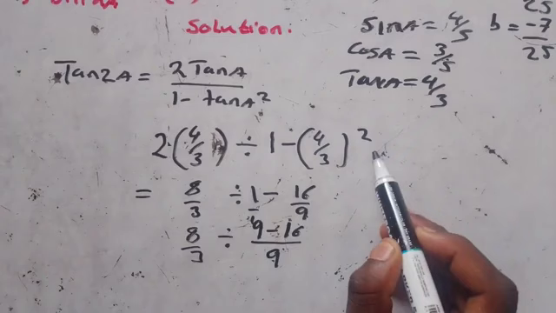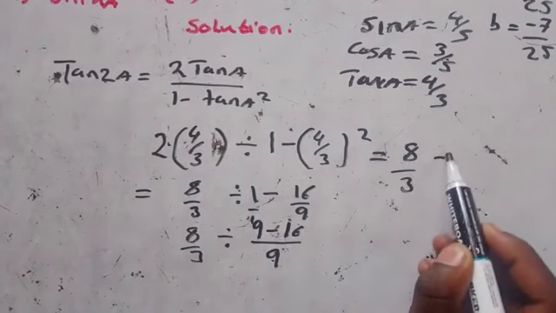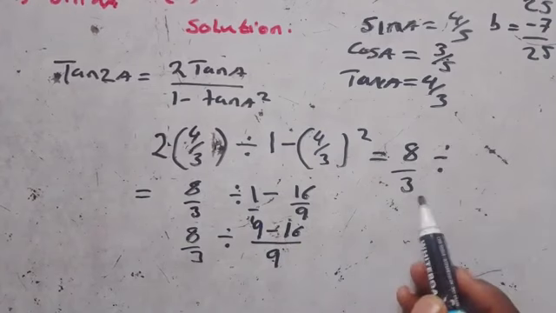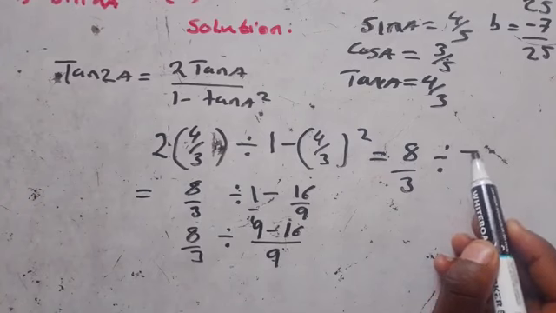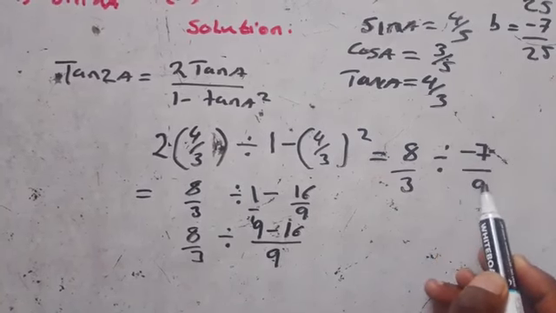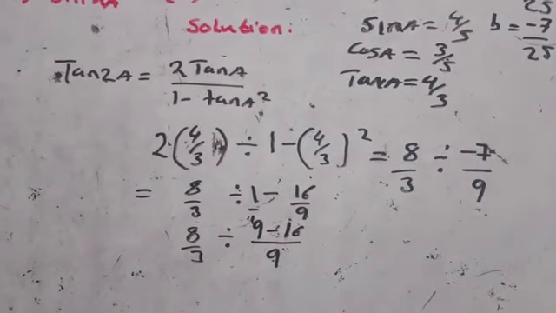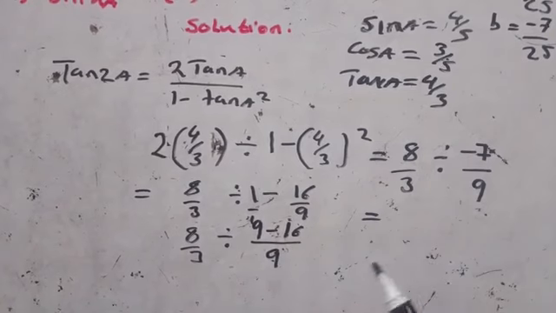And so we're going to have 8 over 3, divided by 9 minus 16, which is negative 7 over 9.